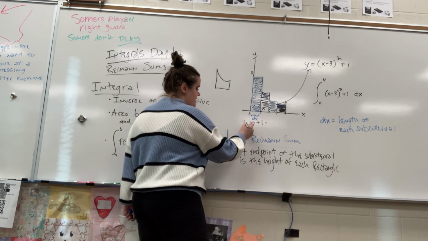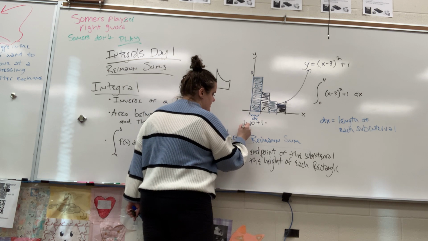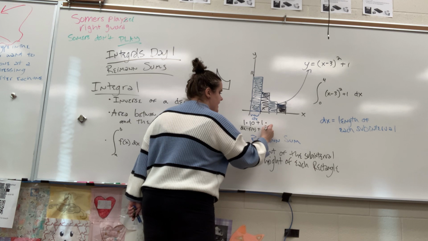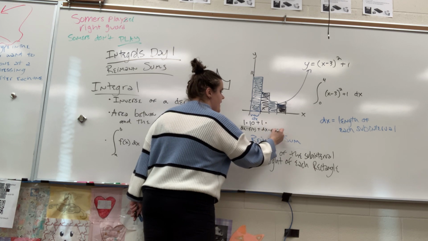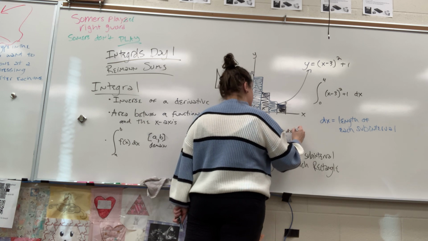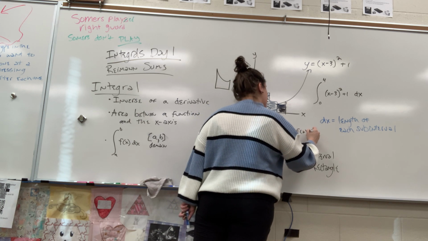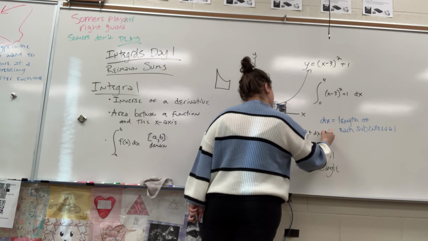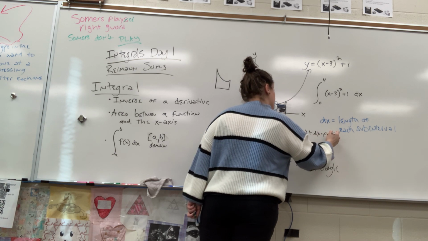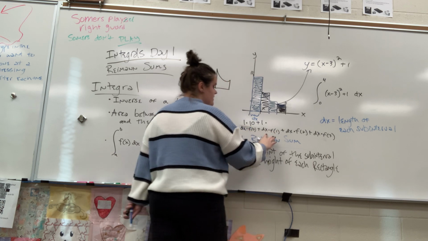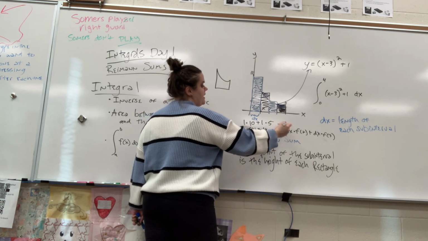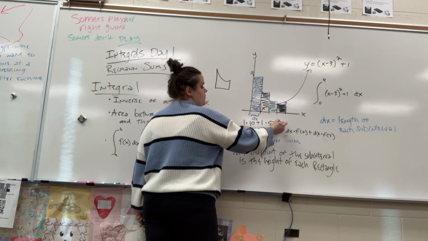So this was dx times f of 0. This is dx times f of 1. So dx times f of 2 plus dx times f of 3, right? So this one is 1 times what? 5 plus 1 times what?